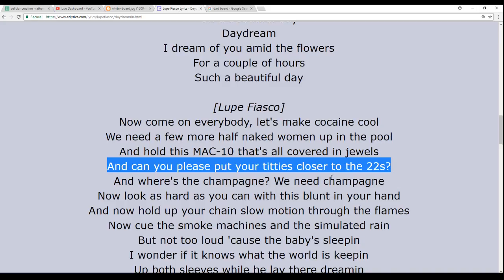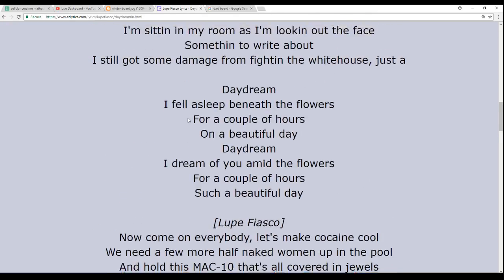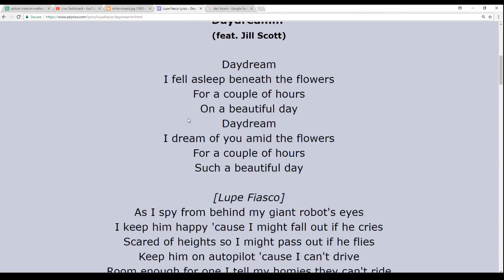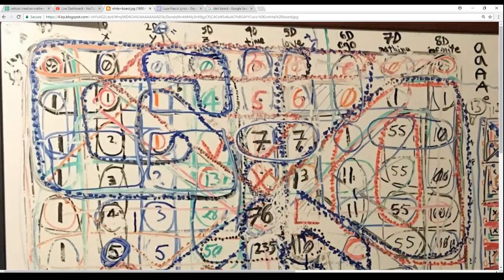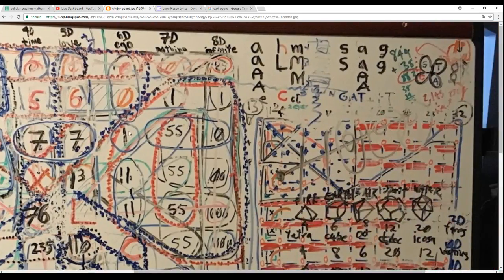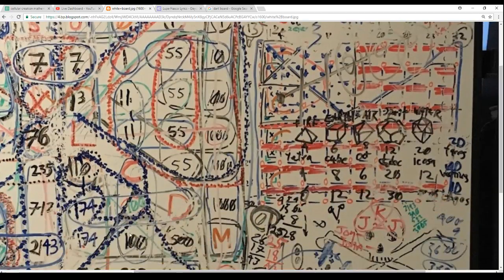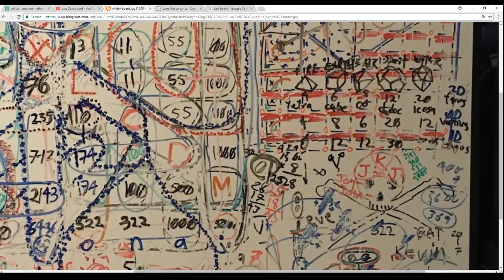It sucks. Like, yeah, I'm listening to this album. I fell asleep beneath the flowers. What, these flowers? This flower right here, this dot with the petals, the 4 petals that go down the stem with the little things here? No, like that flower?